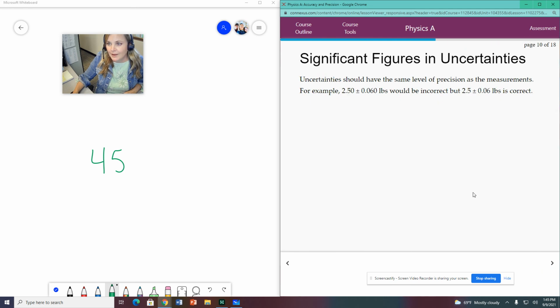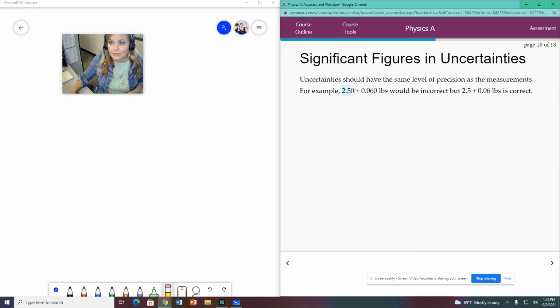And then the final one, significant figures in uncertainties. I want you to just put a pause on this slide at the moment because I am trying to get clarification on the slide. I don't think this makes sense the way it is written. The way it is written, it says uncertainties should have the same level of precision as the measurements, right? Precision is the number of decimals to the right of the decimal place.